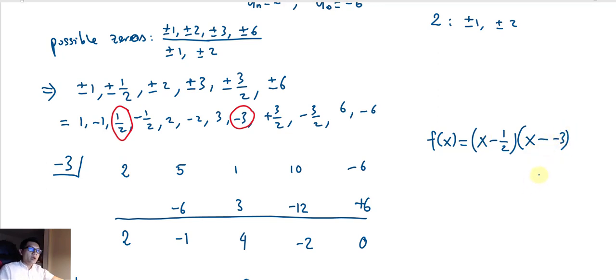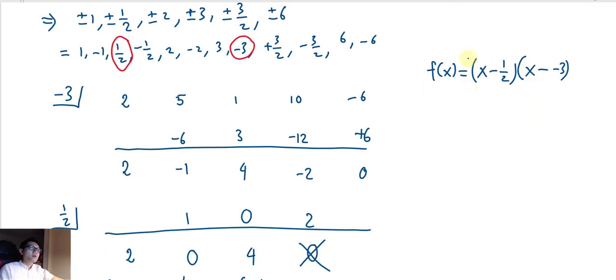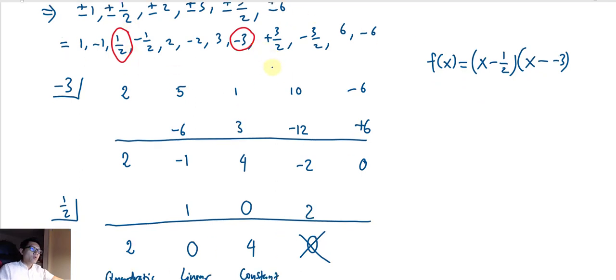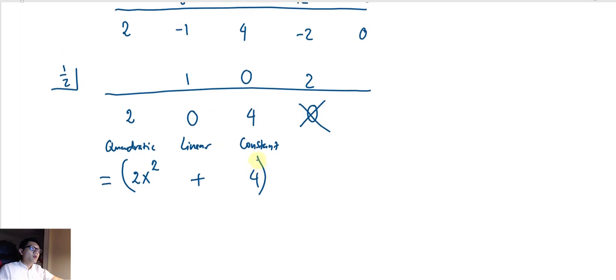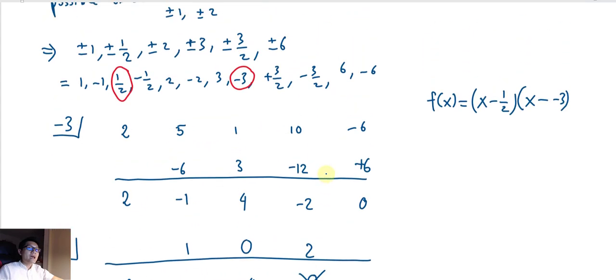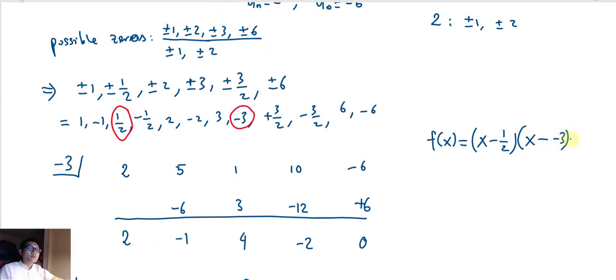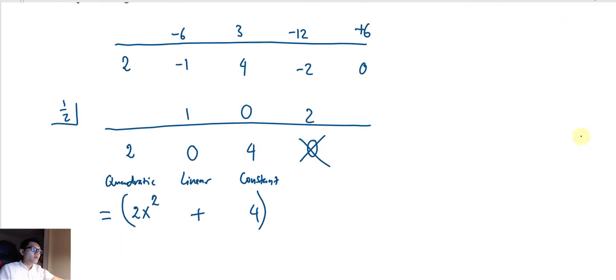Okay, and these are the two factors from the roots, and then we got the last factor from the other two roots after we do the divisions. So the last factor is 2x squared plus 4. We attach that to here.